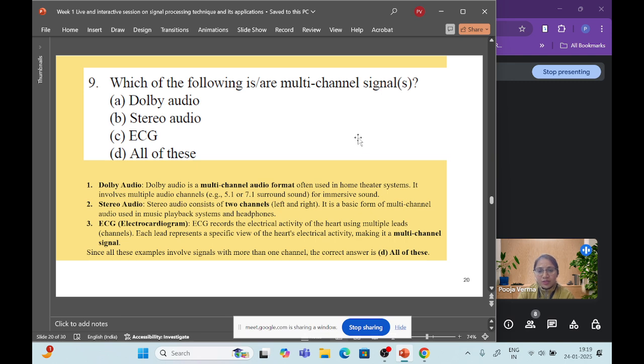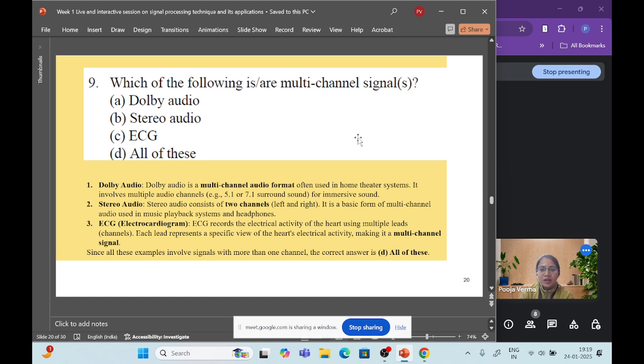First we see the options one by one. What is Dolby audio? Dolby audio is a multi-channel audio format often used in home theater systems. It involves multiple audio channels, for example 5.1 and 7.1 surround audio for immersive sound. So Dolby audio is a multi-channel audio.